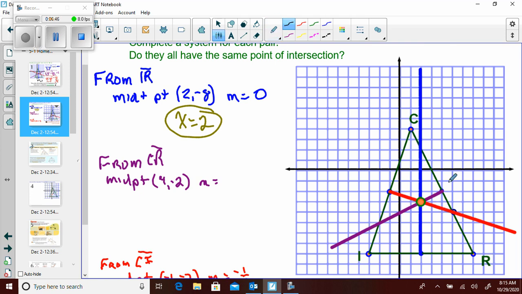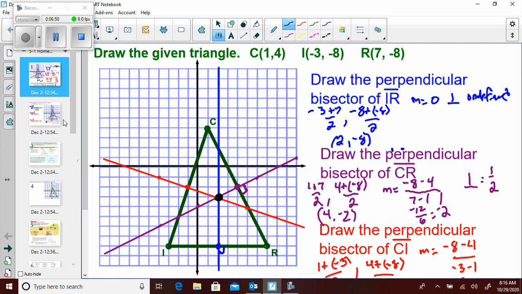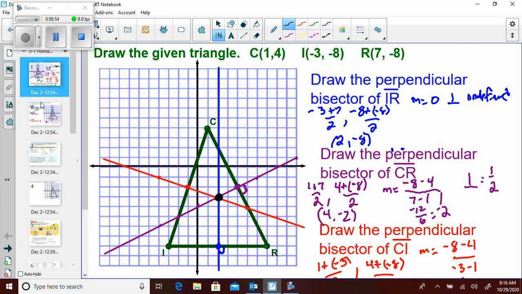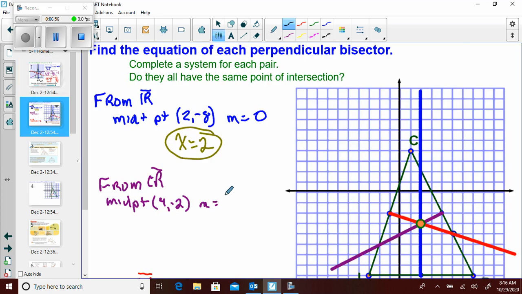From CR, let's remember what CR was. The slope of CR was -2. The perpendicular was 1/2. So remember, this slope here was 1/2.